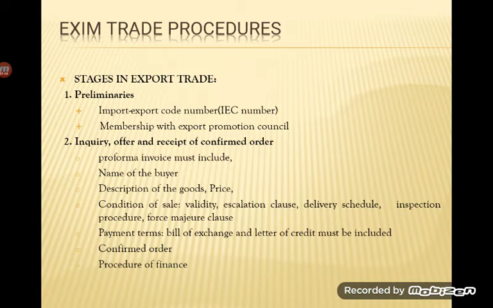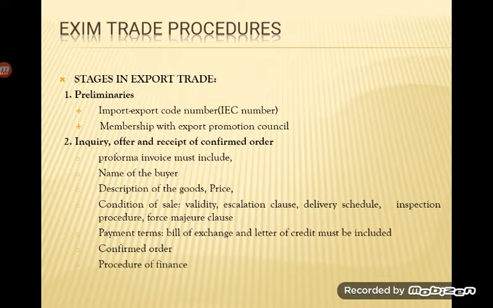Initially, when any individual goes for registering themselves as an exim trader, a provisional registration is given, which will be valid up to 6 months. Before it expires, he has to apply for permanent registration, and once he obtains the permanent registration, they have to apply for the IEC number.